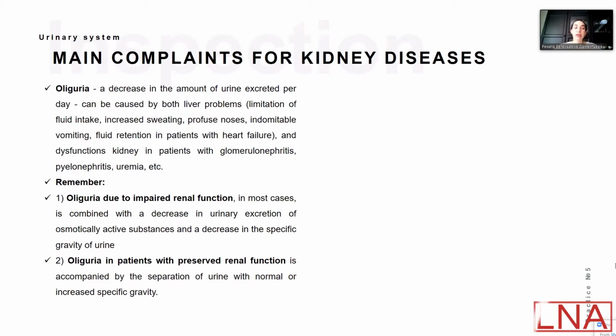Pay attention that oliguria due to impaired renal function in chronic kidney disease or acute kidney injury is in most cases combined with a decrease in urinary excretion of osmotically active substance and a decrease in the specific gravity of urine. Oliguria in patients with preserved renal function is accompanied by the separation of urine with normal or increased specific density.